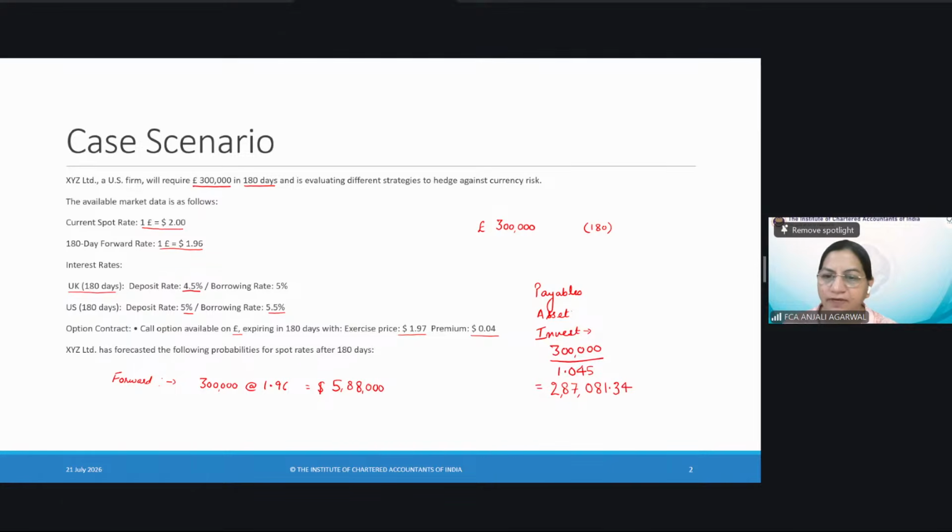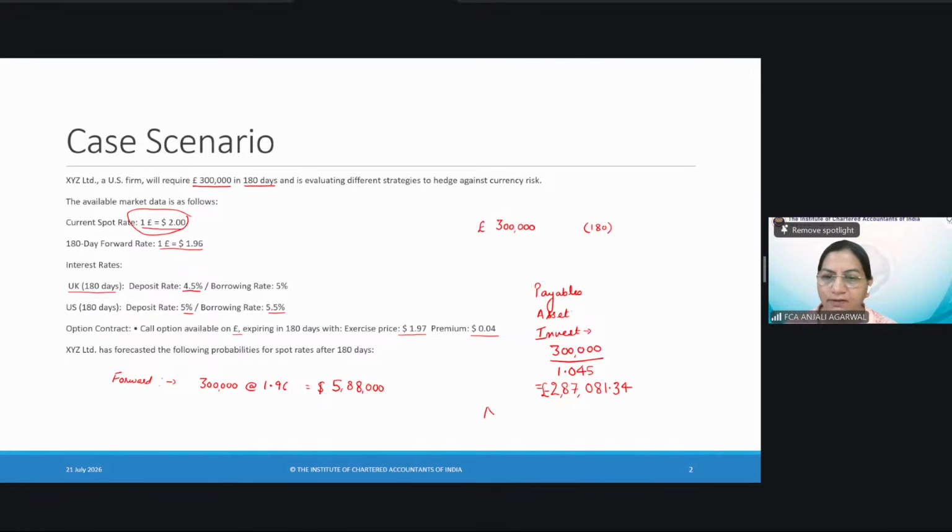So you need to invest these many pounds. So how will you get these pounds? By using the current spot rate as the exchange rate. So you will need $2 for every pound, which means this figure into 2.